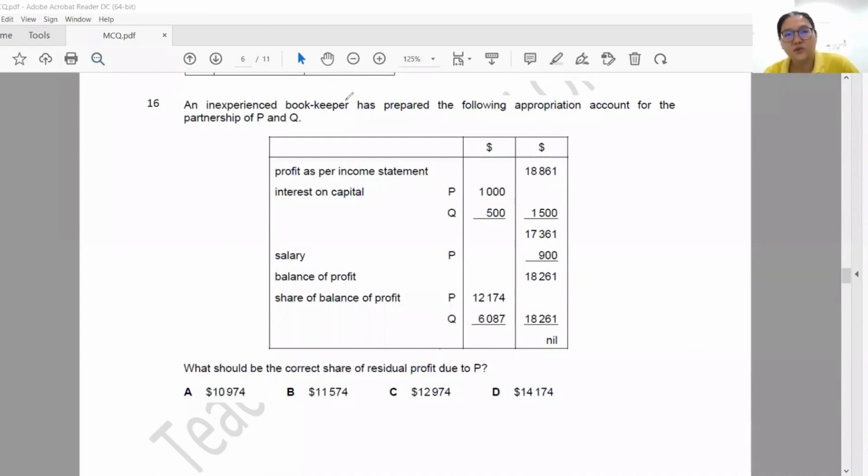An inexperienced bookkeeper had prepared the following appropriation account for the partnership of P and Q. So you have the profit as per income statement, and interest on capital. The correct format should be the profit for the year, this amount, 18,861. Interest and salary should be deducted, not added.